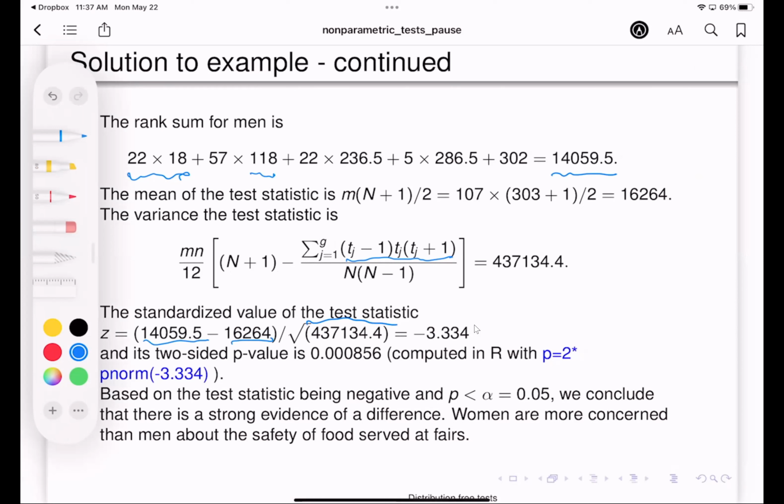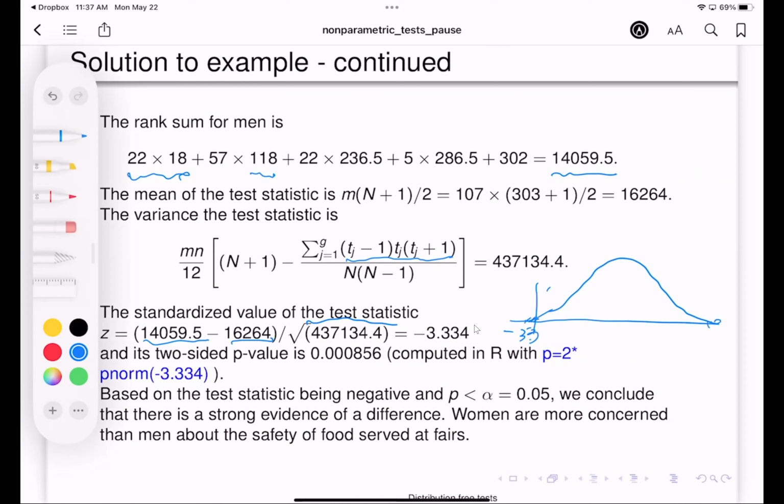For a two-sided test, we use twice the probability that a standard normal is less than this value, because for the standard normal distribution, here is negative 3.3, and it's two-sided, so we're looking at both the right tail and the left tail.